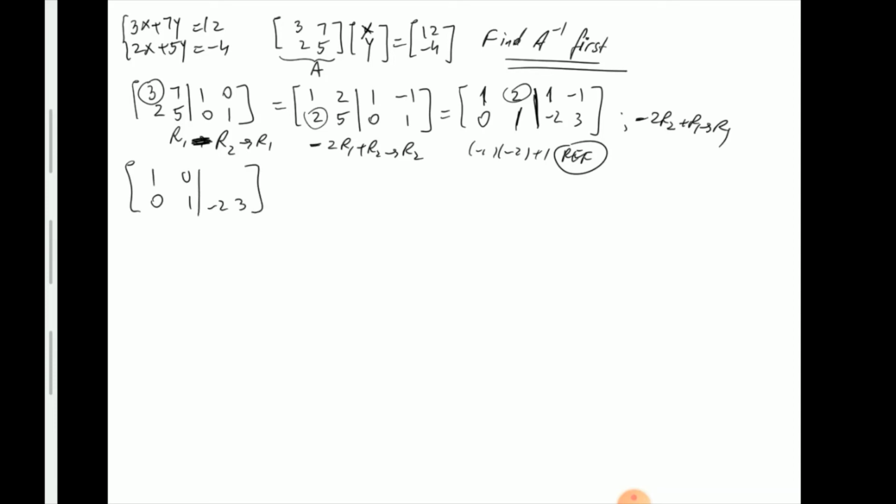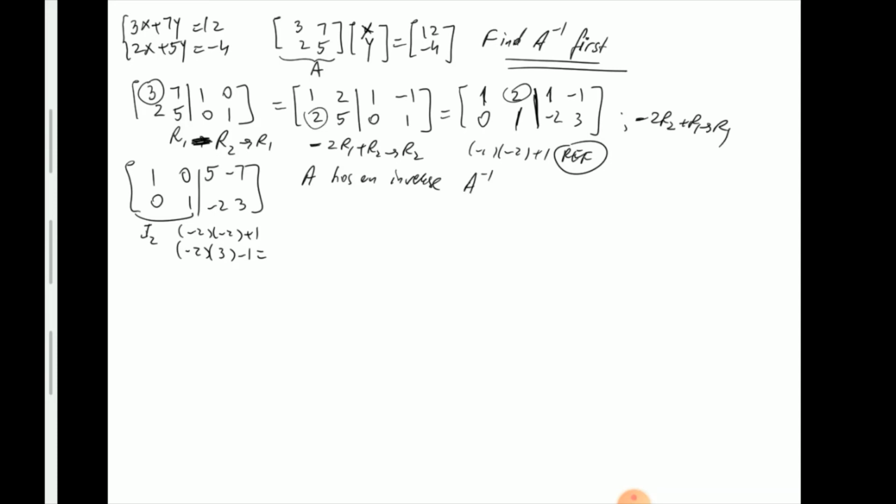Minus 2 plus 2, 0. Now we do minus 2 times minus 2 plus 1. That makes it 5. And then minus 2 times 3 minus 1, minus 7. Because we ended up with the identity matrix on the left, it means that A has an inverse.